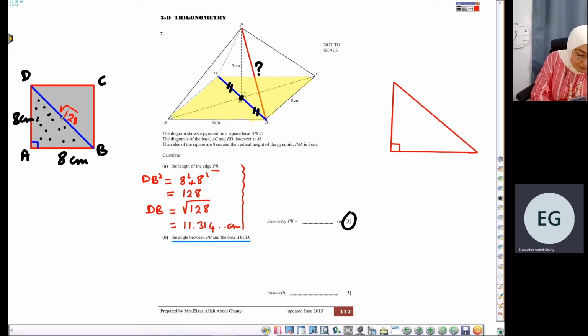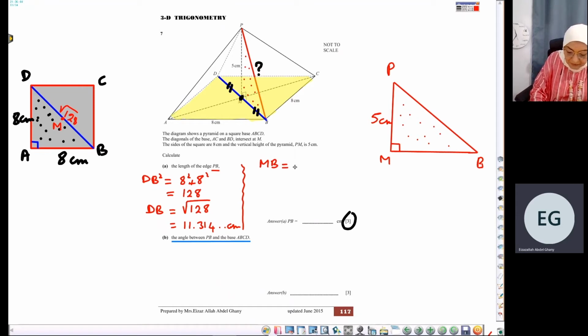We need the midpoint, which is M, because when you take this red dotted triangle, write the letters in order to imagine it. This is P, M, and here is B. The height is 5 centimeters, and MB, we have to find it.